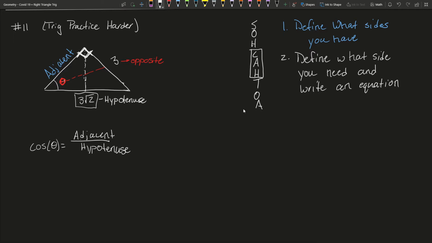So we need the adjacent side. We defined what side we need, and now we need to write an equation in order to get it. For all right triangles, they all follow the Pythagorean theorem: the adjacent squared plus the opposite squared is equal to the hypotenuse squared.